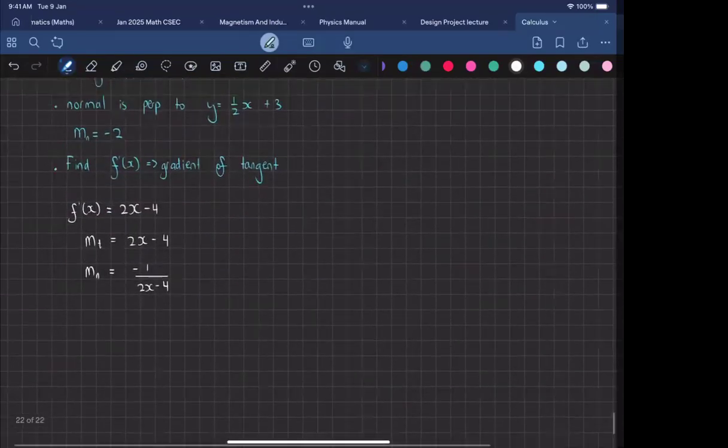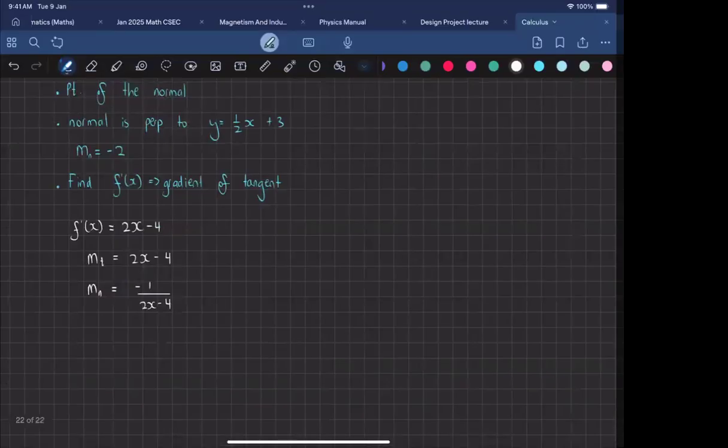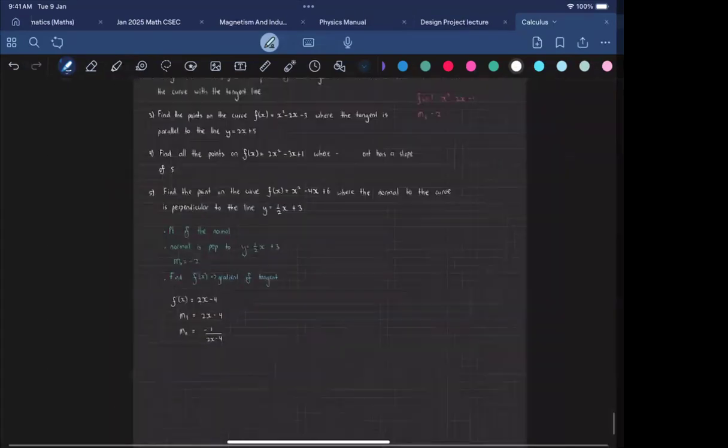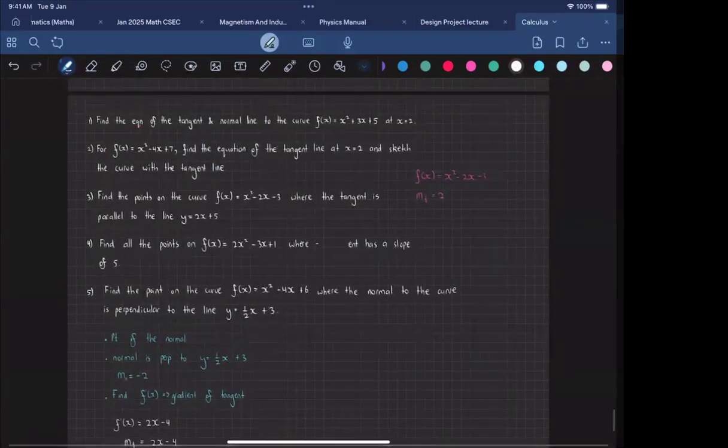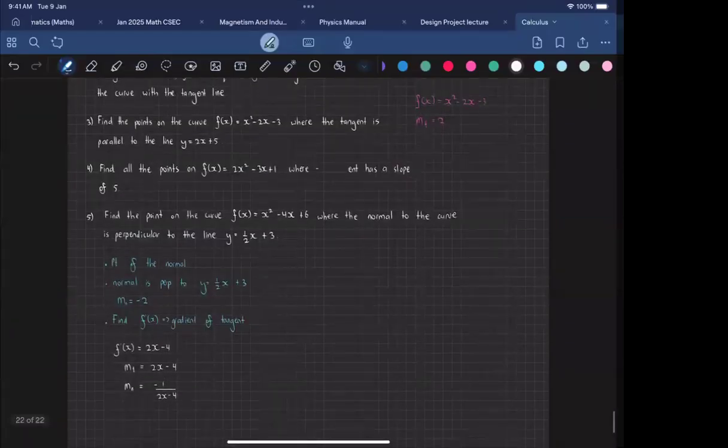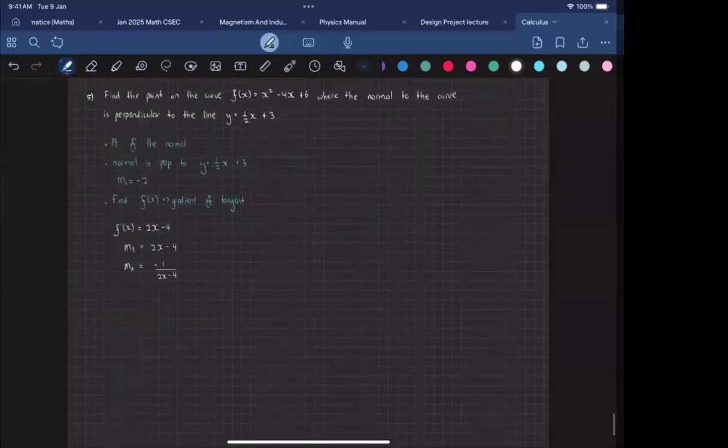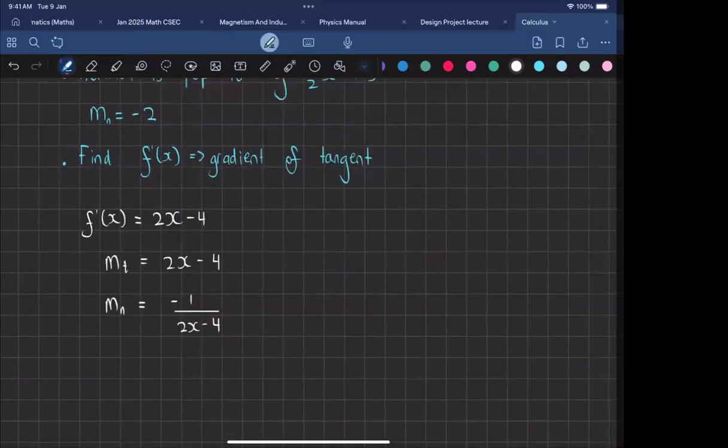And so what could we do now? It's very similar to question 3 that I did. You would put it equal to a half, because that's the gradient of the line.